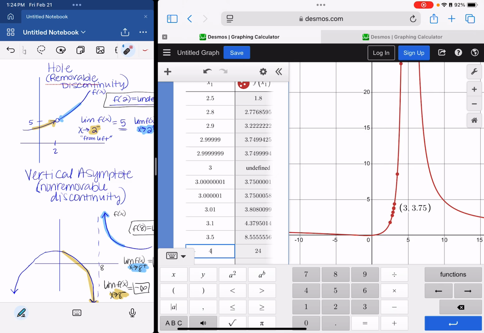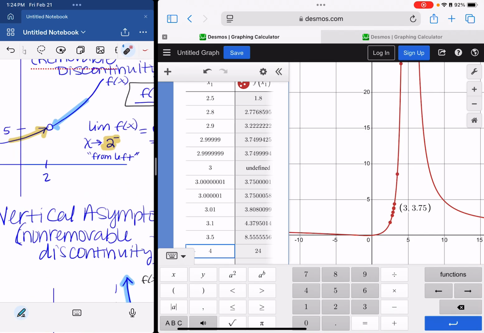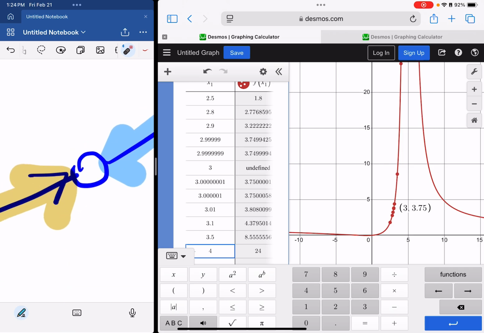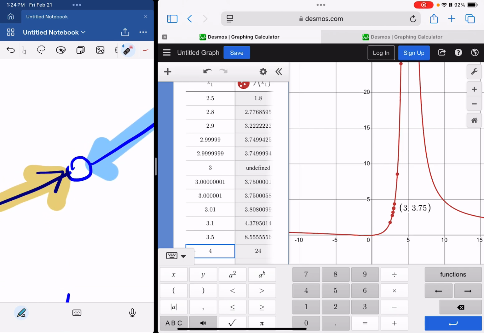So it looks as if the table is saying, oh, I really want to get close to 3.75 when the x value is 3, but it just doesn't make it happen. So there's like a little pothole there. But we could see right before and right after x being 3 that the y value, or the output values, are approaching a single limiting value of 3.75, which would be the case for something like this in a hole. I'm headed towards a single number.